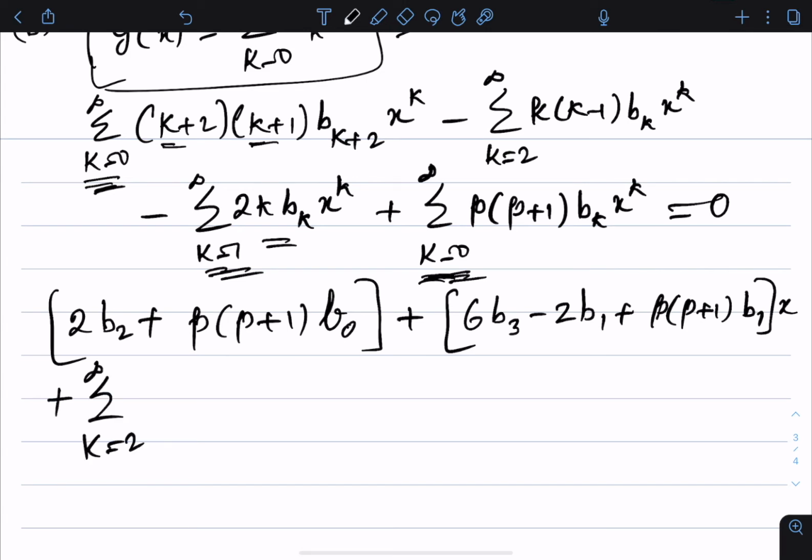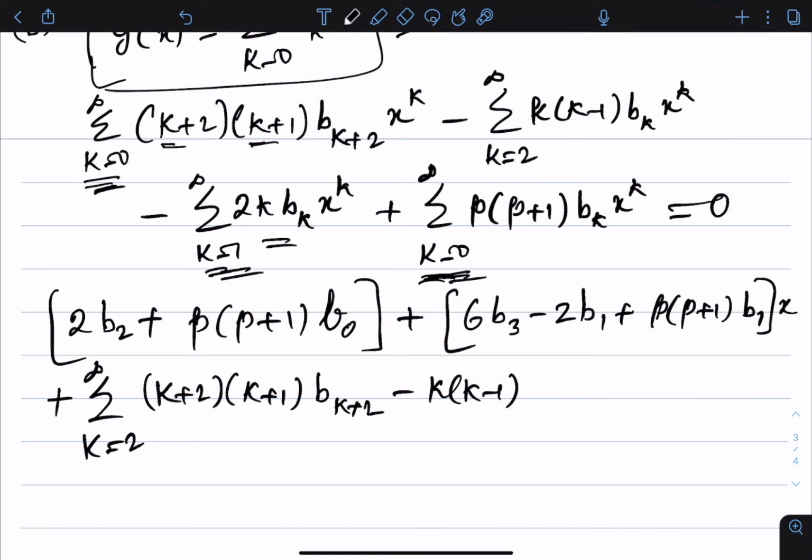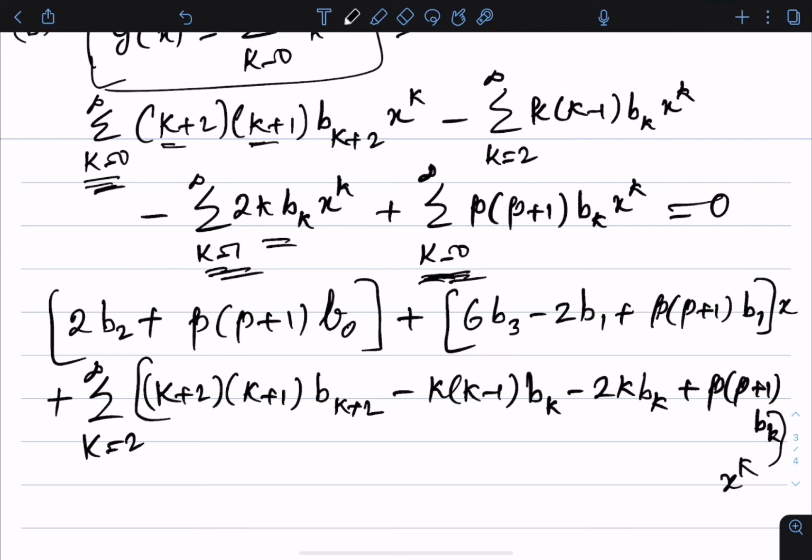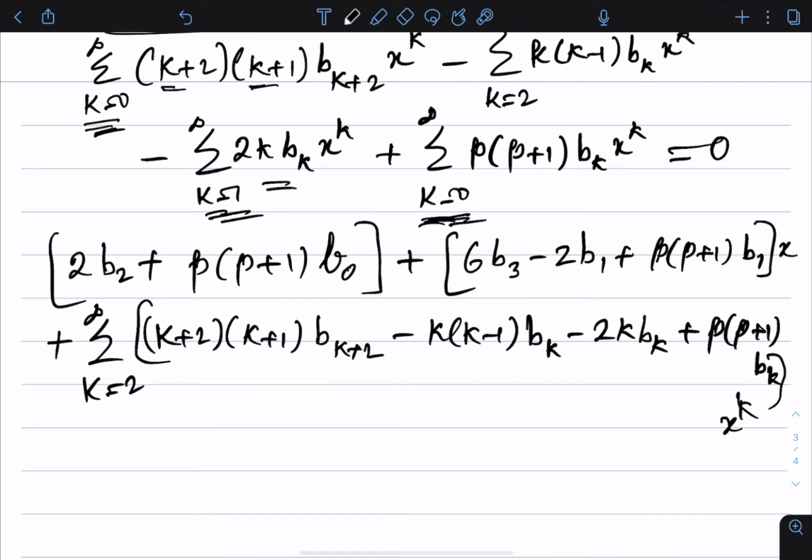k equal to 2 to infinity, k plus 2 k plus 1 bk plus 2, minus k minus 1 bk, minus 2k bk, plus p into p plus 1 bk, x power k, equal to 0.